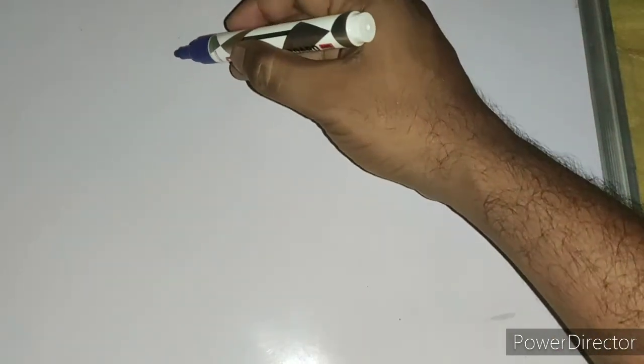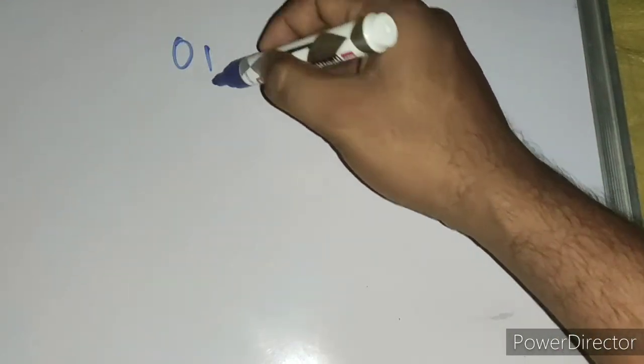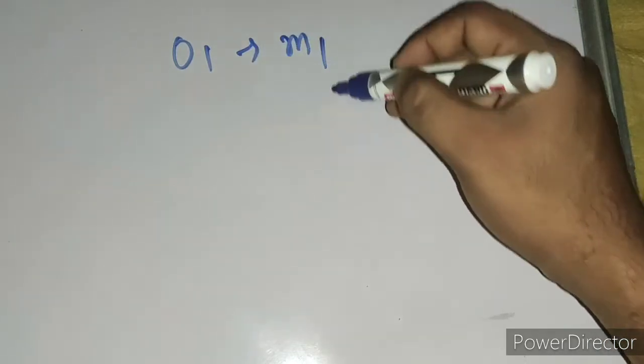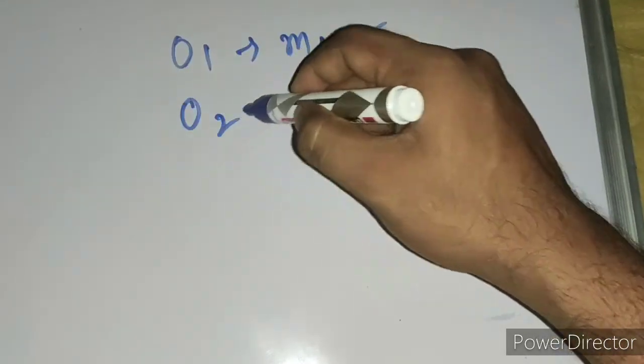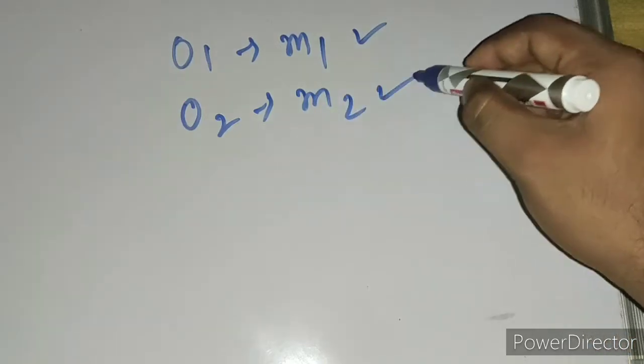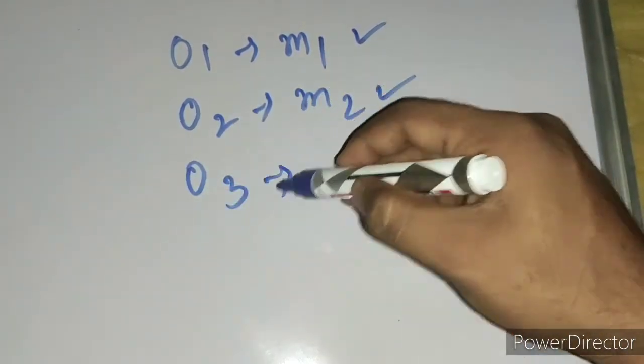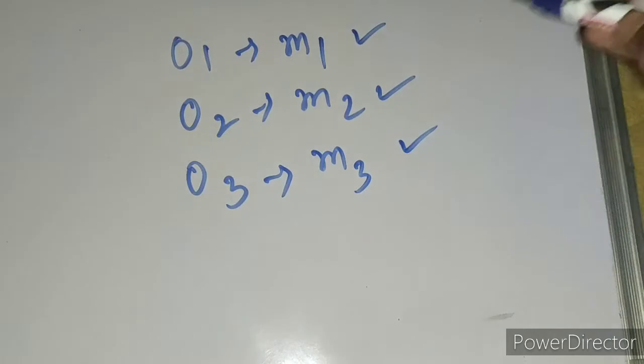Let's say for O1, the model name is M1 model. For O2, the model name is M2 model. And for output 3, the model name is M3 model.